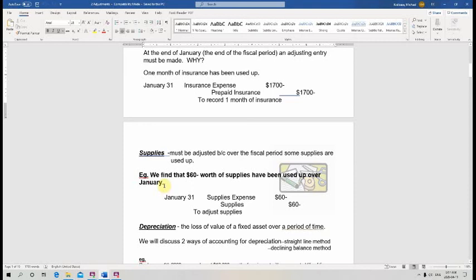So supplies expense is going to be debited $60, because we used it up, and supplies is going to be credited. Now that adjustment is always going to be the same again, right? So whenever we make a supplies adjustment, supplies expense is debited, supplies credited. You're just going to have to memorize it. All right, I'm going to stop here because depreciation takes a little bit of time to explain. So I'm going to make another video on depreciation.